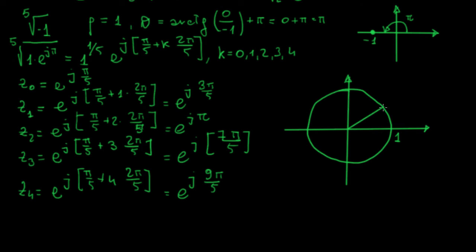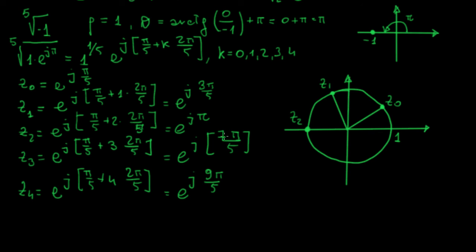While z sub 1, at 3 pi over 5, is some place that is here. The third, which is z sub 2, is located at pi, so in this place. So this is z sub 0, this is z sub 1, this is z sub 2, and of course z sub 3 is located at 7 pi over 5.